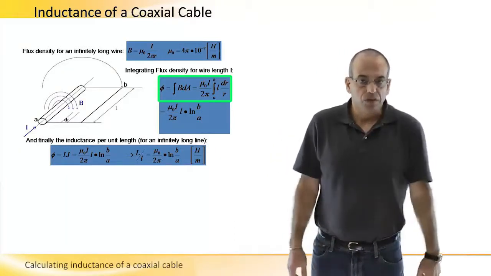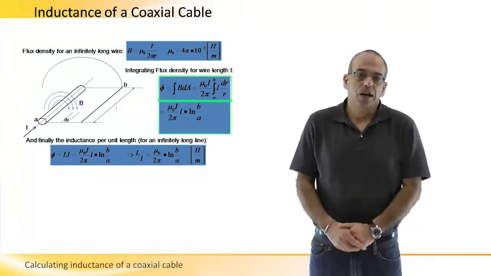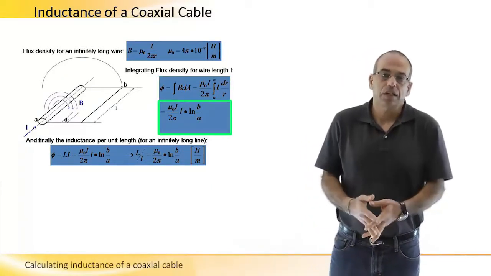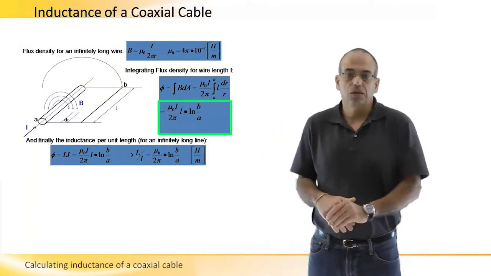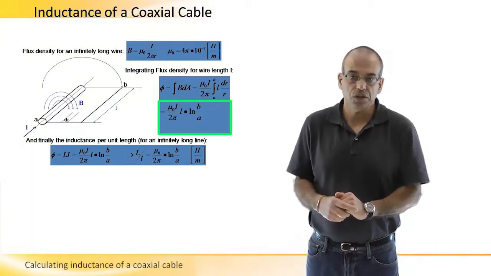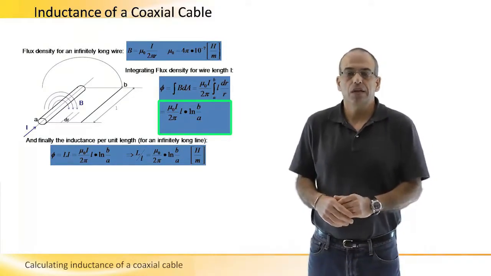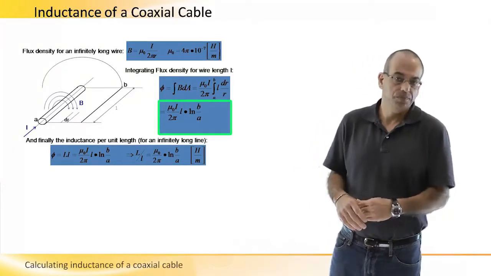The integral goes from A to B. What we find is that the flux is proportional to the current, to the length of this section carrying current, and to the natural logarithm of B over A.